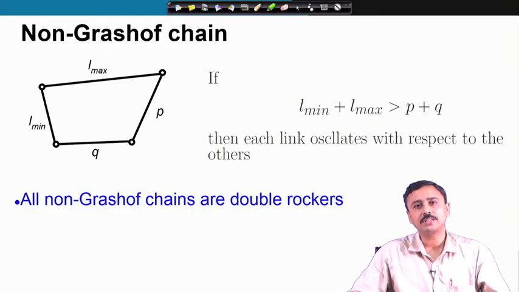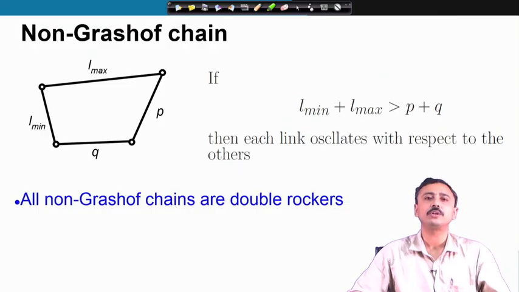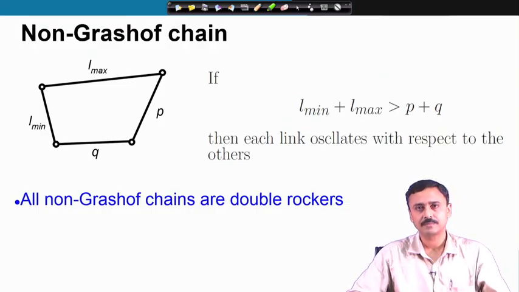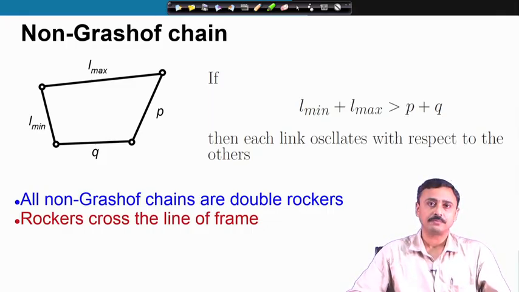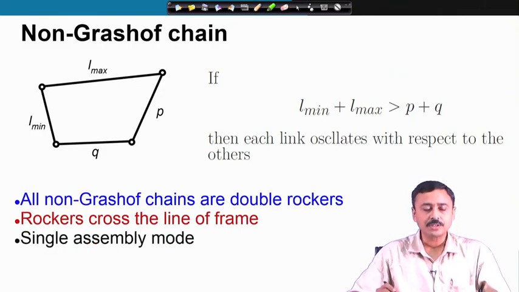All non-Grashof chains are double rockers, because the links can only rock with respect to one another. There is no link that can rotate completely. So, these are all double rockers, and here the rockers can cross the line of frame. The rockers can cross the line of frame. So, there is only a single assembly mode.